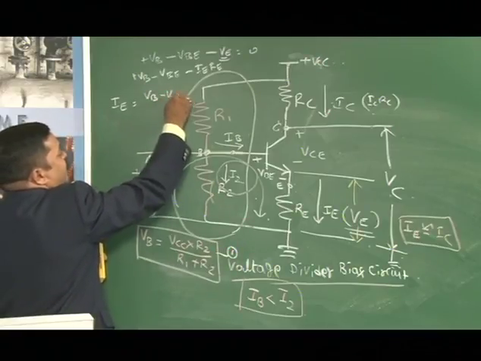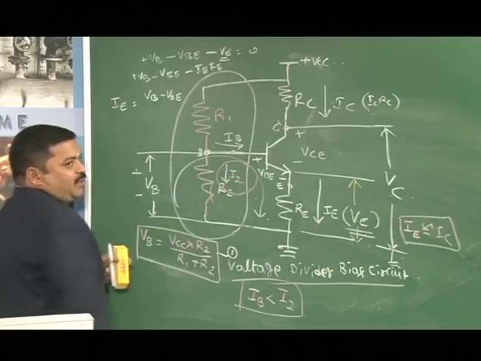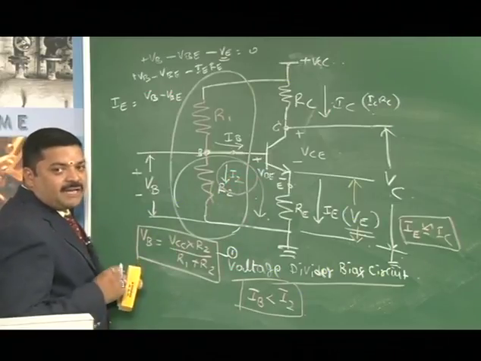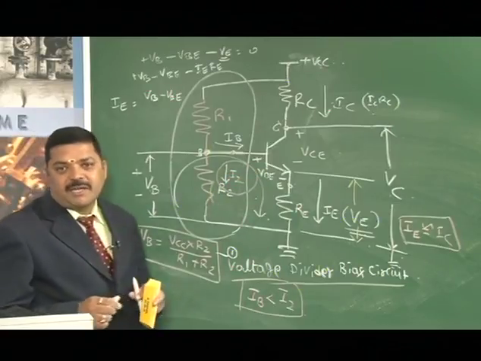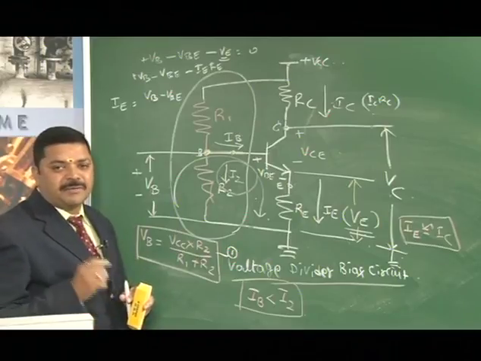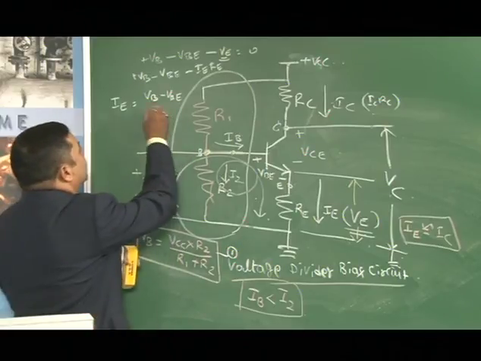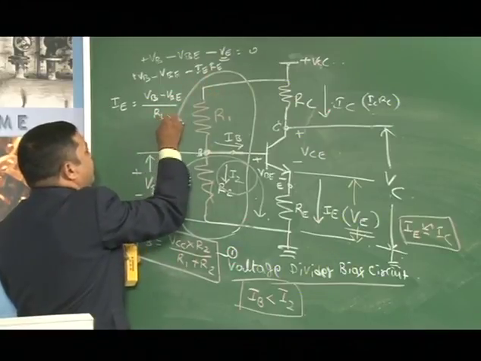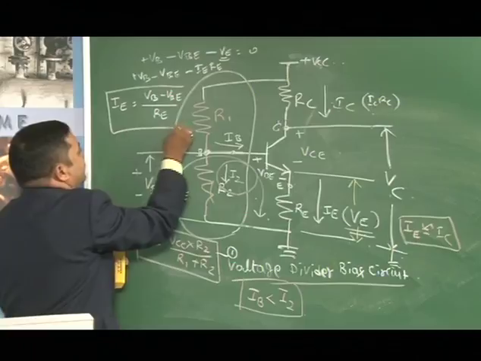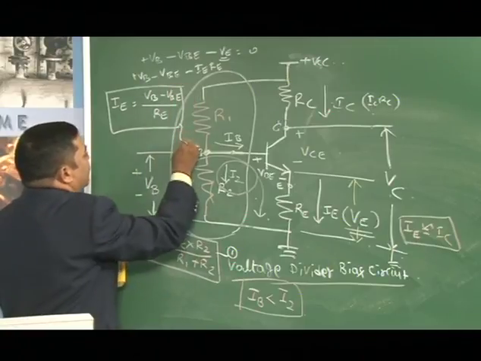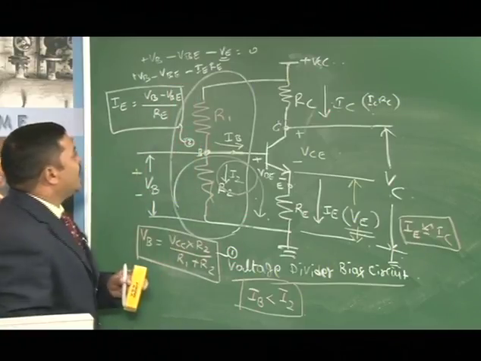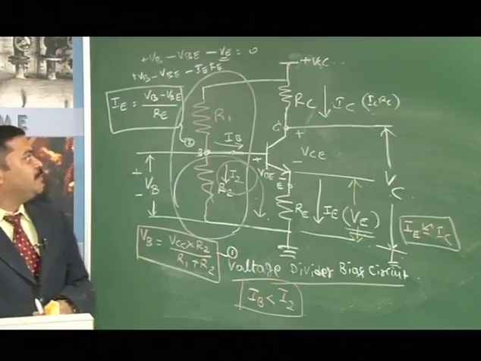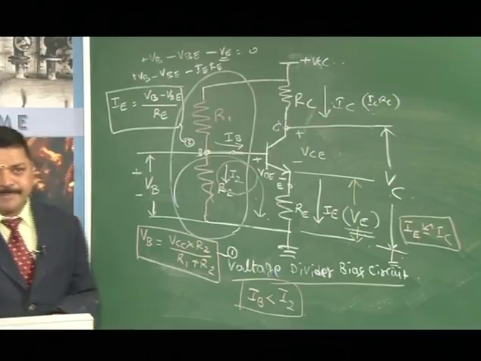We know that VBE is a cut-in voltage, and if it is not given, we will assume VBE for silicon transistors, which is 0.7, constant again, divided by RE. Let me call this equation 2. So, IE is given by VB minus VBE divided by RE.